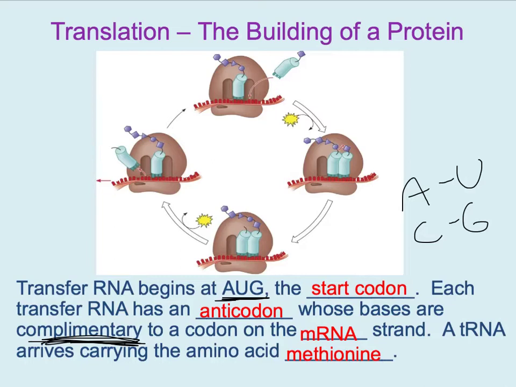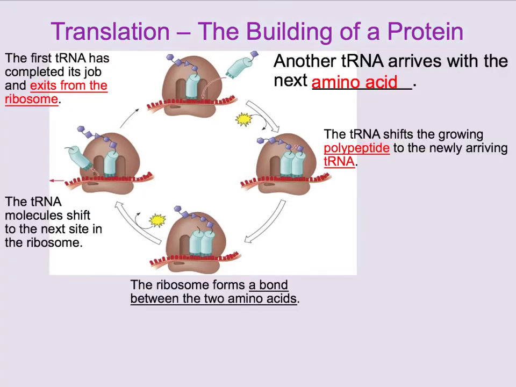And it's important that we know when we do this decoding that it is the messenger RNA that is telling us which amino acid it is. So in this case, our AUG is on the messenger RNA, and if we look at our table on page 303, that tells us that that is methionine. And so that's always the start codon. That's where it's always going to begin the process of protein synthesis.